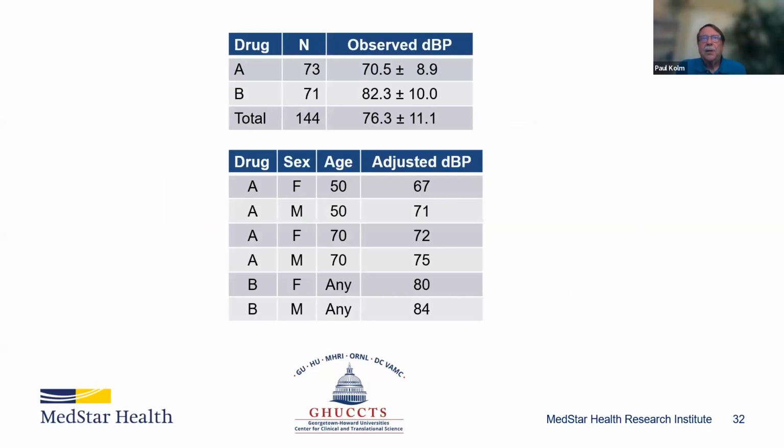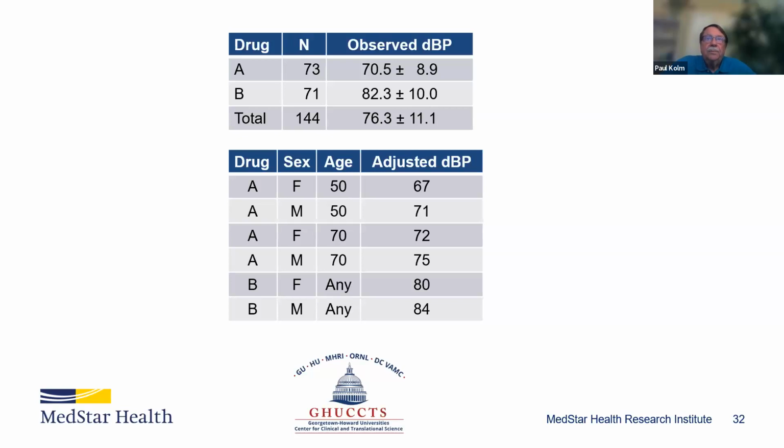We can see that there's some difference here, both between males and females, and there's a difference over age. For example, for females in the drug A group at age 50, the blood pressure is 67, but at age 70, it's 72.